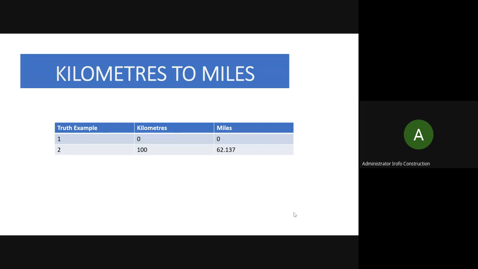For us to be able to convert this, they've given us this. And what they've given us, we should just use the information they've given us here to be able to create a function.